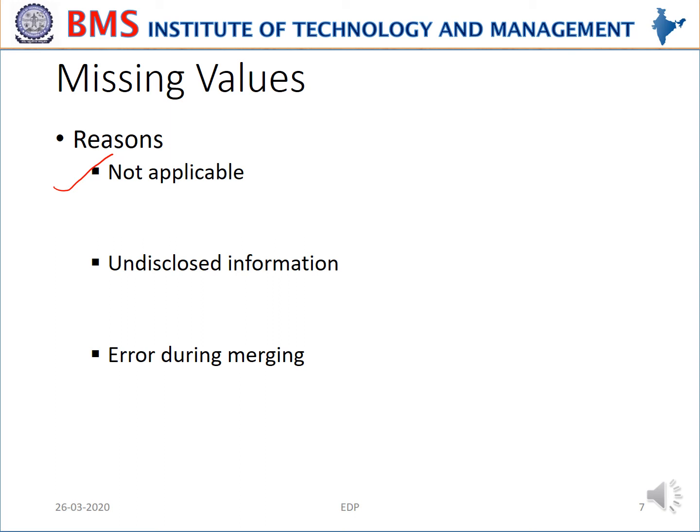So when we are taking the data set to predict whether a customer will be a churn customer or not, in that case, if we take a parameter time of churn, that information is available only for the churners. But for the non-churners, time of churn information will not be available. In this case, time of churn may not be applicable for non-churners.